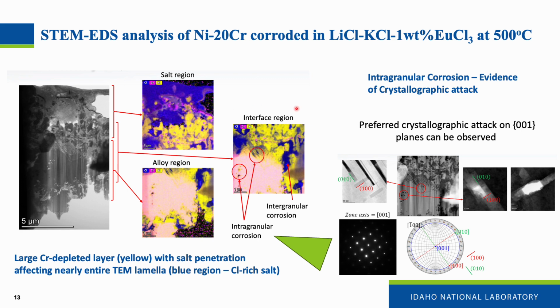Interestingly, in this case we don't only see intergranular corrosion, but we also see intragranular corrosion. And for intragranular corrosion, we see that there is a preferred crystallographic attack on one particular plane, the 001 plane. So it's very interesting. It's going into a certain plane.